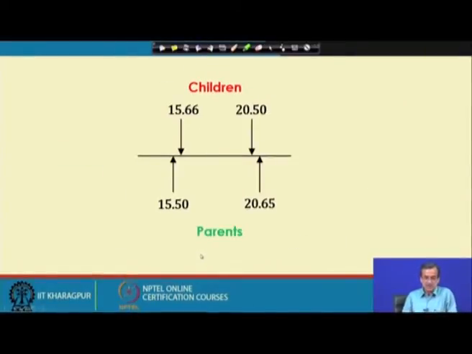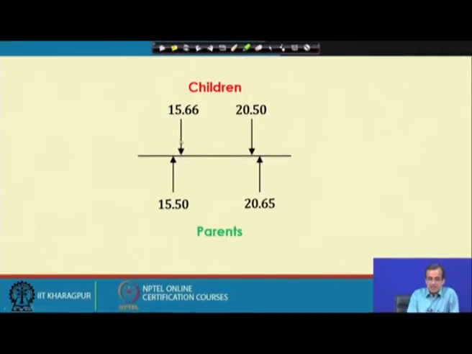Now, if I just plot on this scale, the parent solutions are 15.50 and 20.65, and the children solutions will be 15.66 and 20.50, and this is the case of contracting crossover.